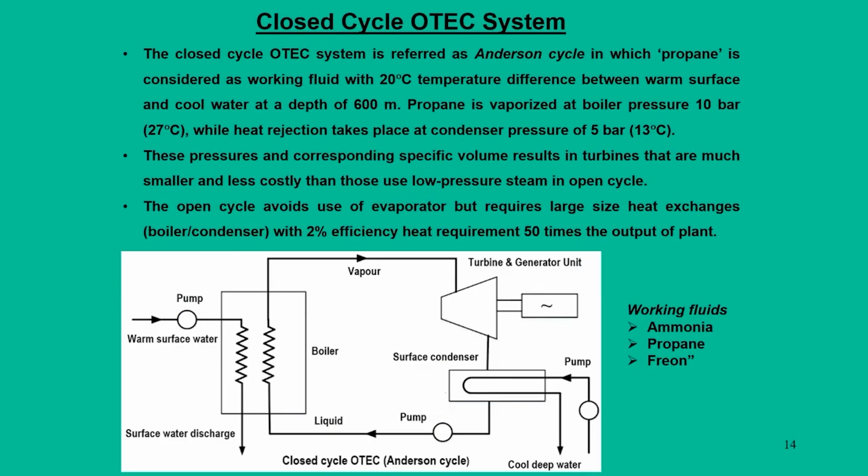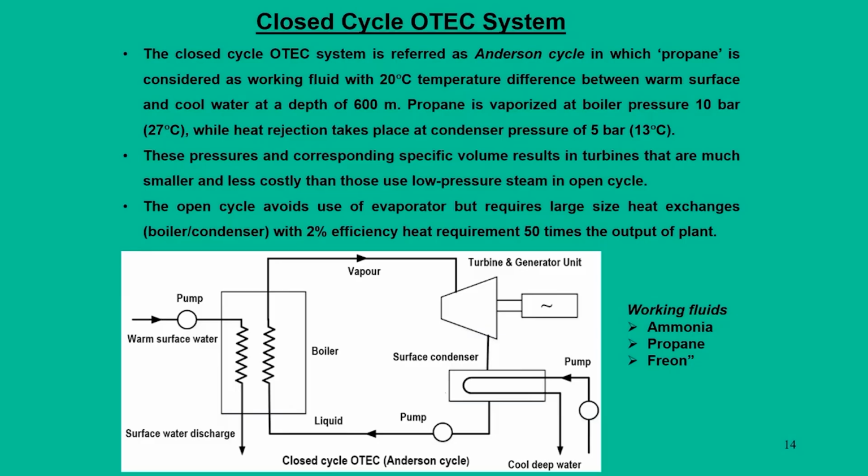So, these are some of the advantages, and one more important point I need to emphasize is that whether we use the Claude cycle or the Anderson cycle, under no circumstances will we have efficiency more than 25%.